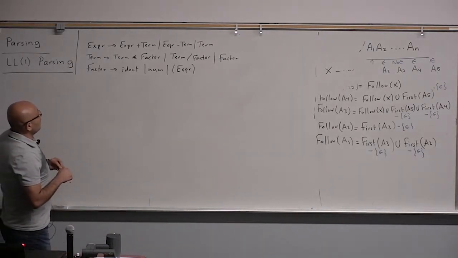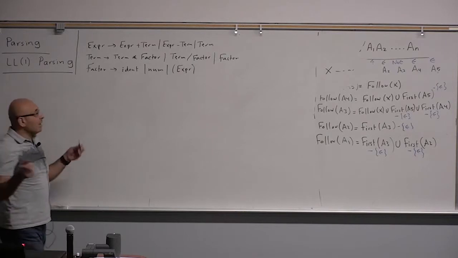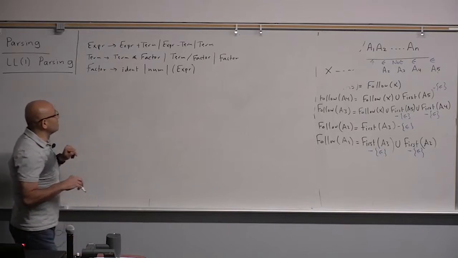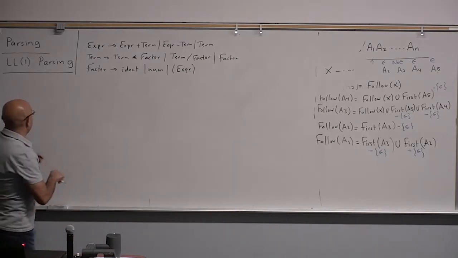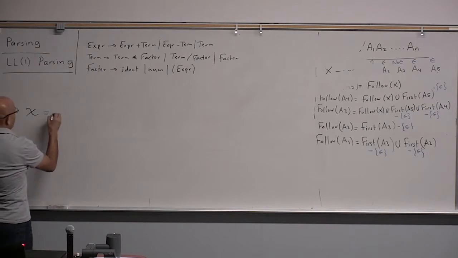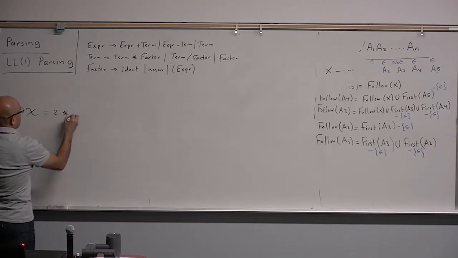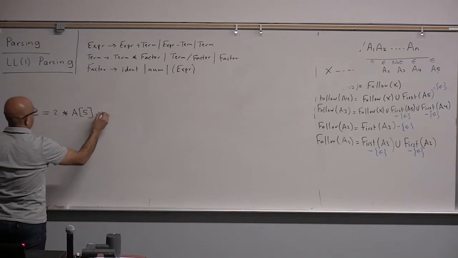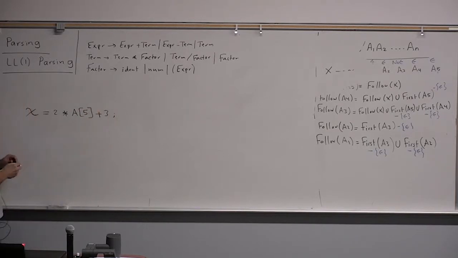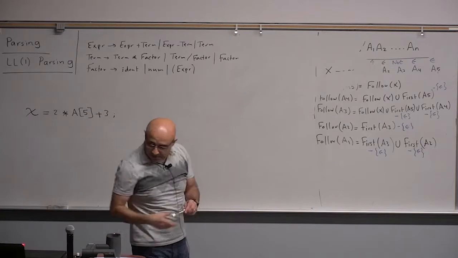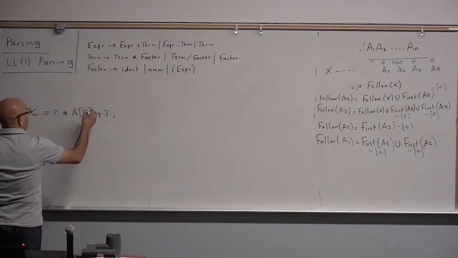Okay, so now we would like to add array elements and function calls to this. When you have an expression like x equals 2 times a of 5 plus 3, what's a of 4? The array reference.